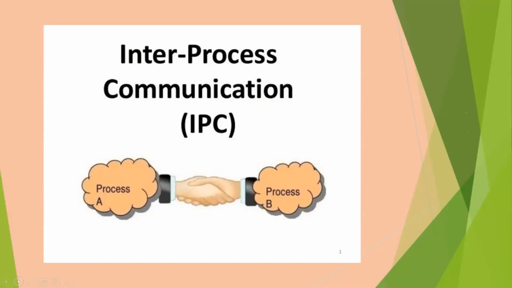These are the two means of process communication. An operating system can implement both these types. Now we will look into the shared memory methods of communication, and then we will go to message passing.